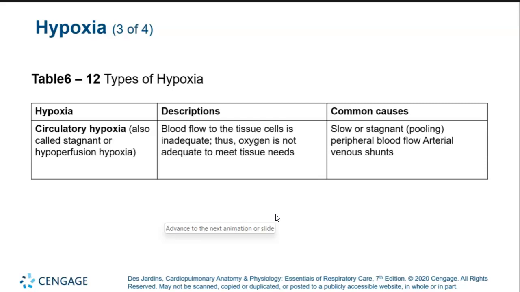This could be slow or stagnant flow of the peripheral blood, or it can be caused by anything that decreases cardiac output, vascular insufficiency, or some neuro controls that tell the blood flow to the tissues to be a little bit slower.